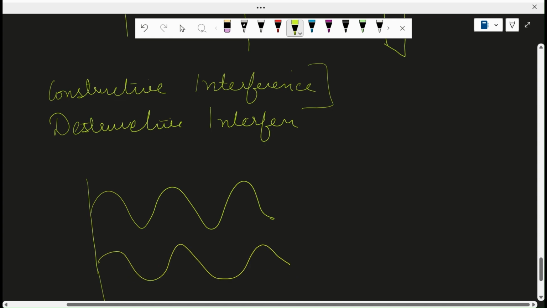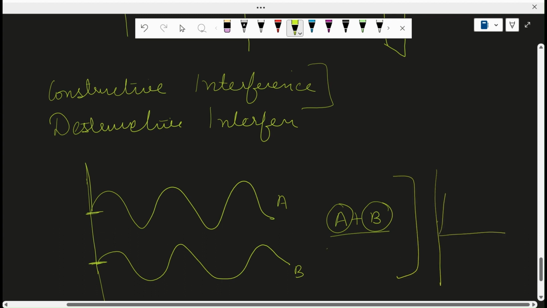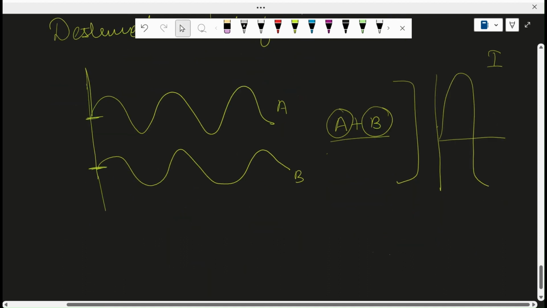When there is no phase difference between the two, these will be adding up, right? Their amplitudes will be adding up. So A plus B is the amplitude, say A is the amplitude of wave A, B is the amplitude of wave B. So both will add up. So adding up will increase the amplitude, right? This means that intensity or the sharpness has increased. So there we will get a bright fringe, right? So this is constructive interference.